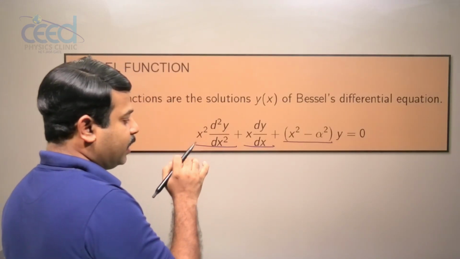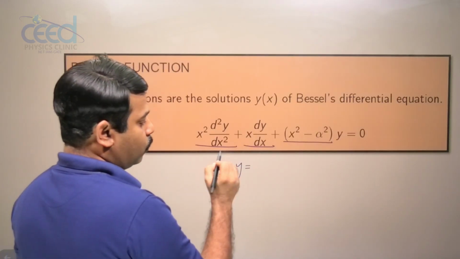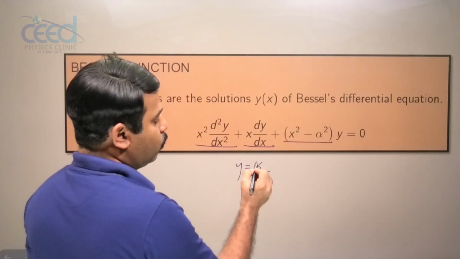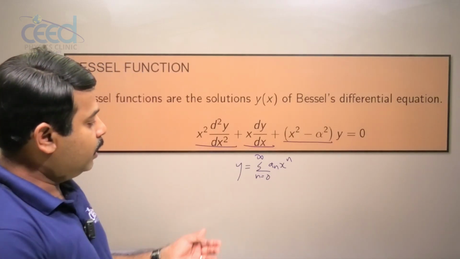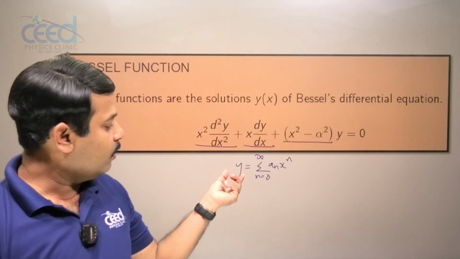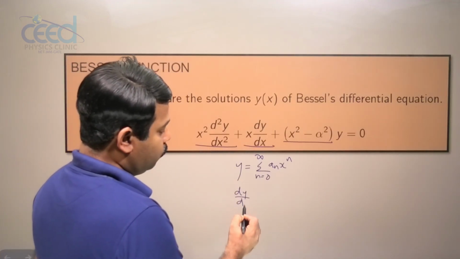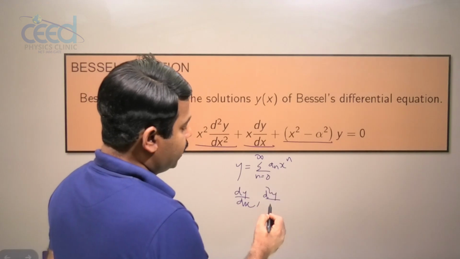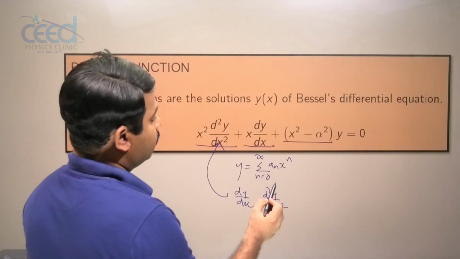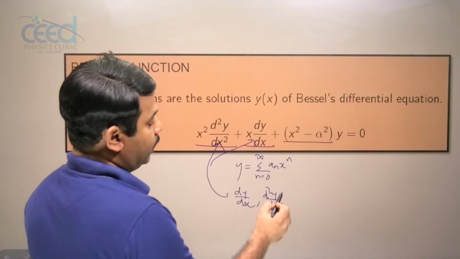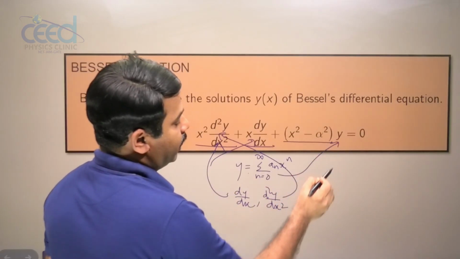First, we consider the series solution method. Consider a series solution as sigma n equal to 0 to infinity a n x raised to n. From this you find dy by dx and d square y by dx square, and substitute these values, dy by dx, d square y by dx square and y, into the equation.